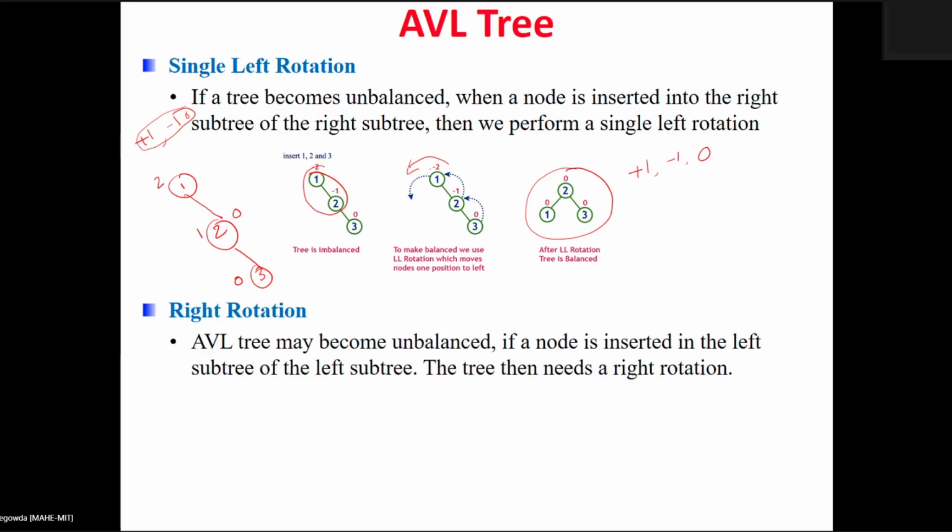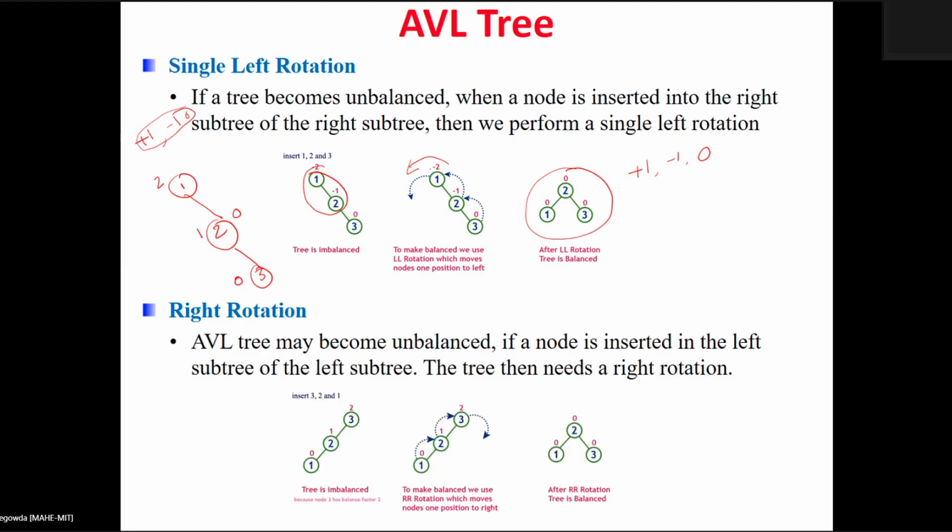And the right rotation: the tree may become unbalanced if a node is inserted in the left subtree of the left subtree. Say for example, you have nodes like this, 3, 2, 1, and the new node 1 is added here, then the tree becomes unbalanced.